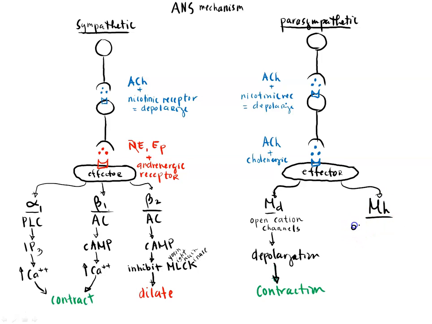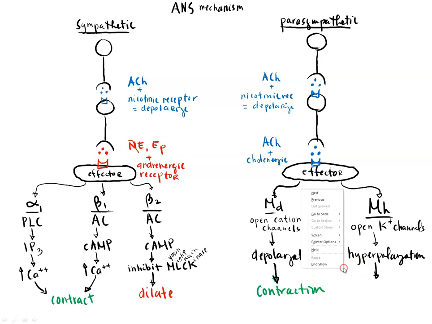And you folks remember that I'm going to open potassium channels. And you folks know that the cell is going to be set up to where I got a lot of potassium inside the cell. So if I have the potassium channel open, potassium is going to rush out of that cell and I'm going to have hyperpolarization, okay? And what's going to happen to that cell? I'm not going to have contraction.